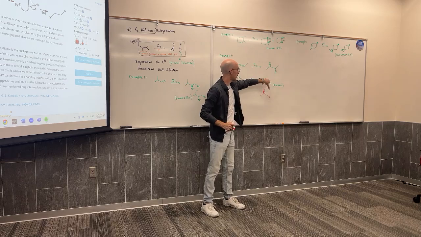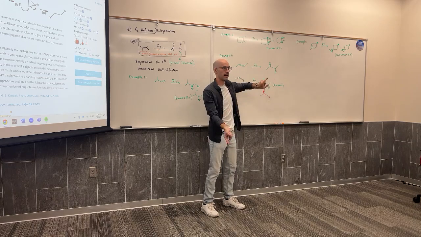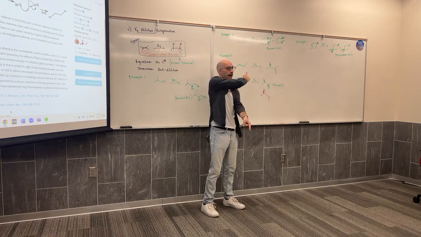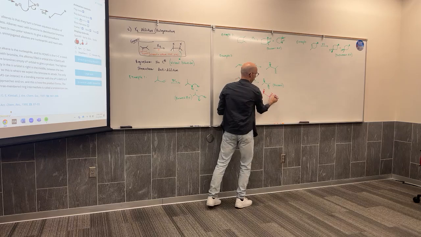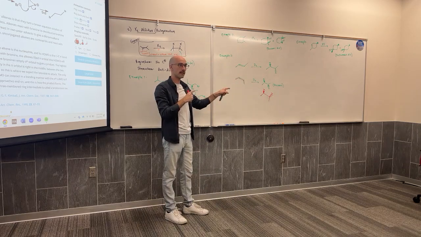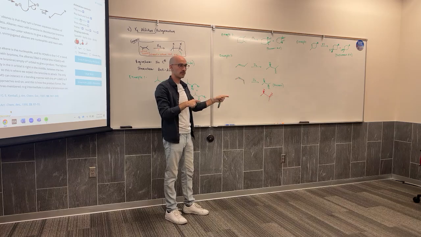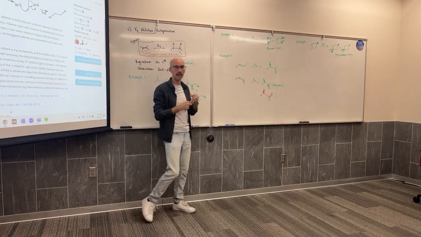If I rotate around this bond, if I just do a conformational change, this wedged iodine is going to rotate into the back so that it's pointing away from me. And it looks anti-addition. One adds wedged, one adds dashed.